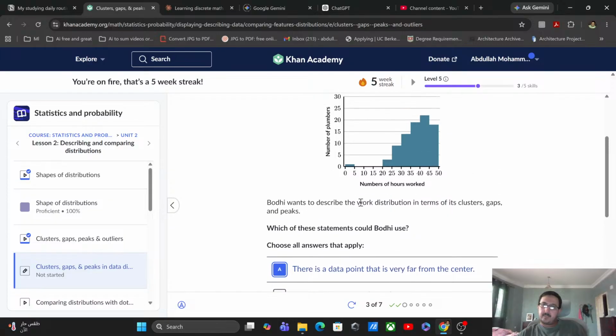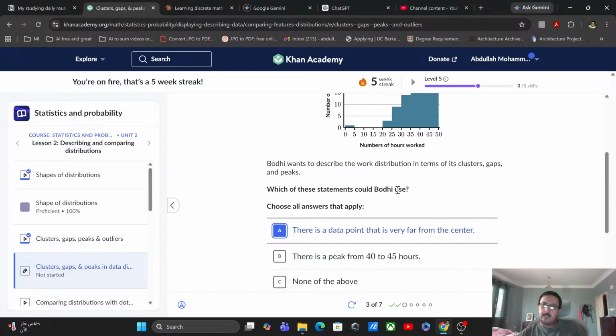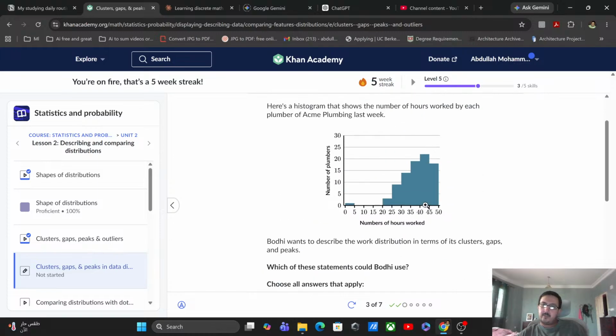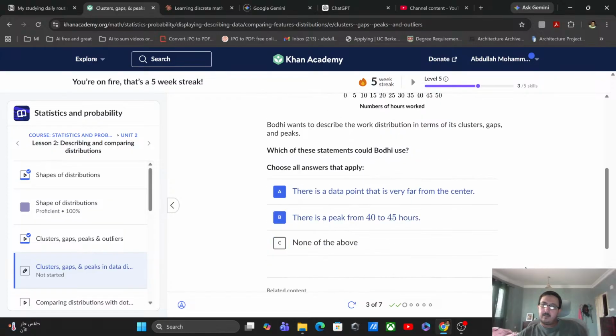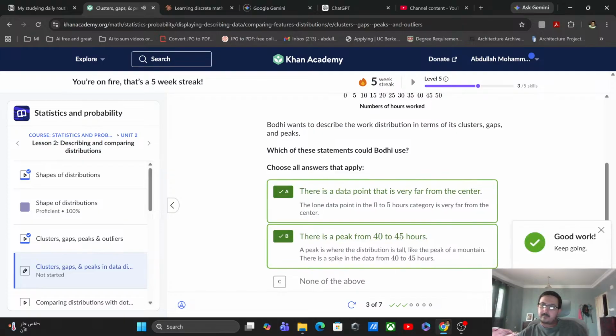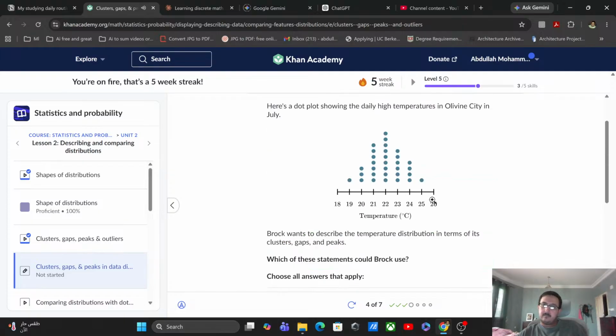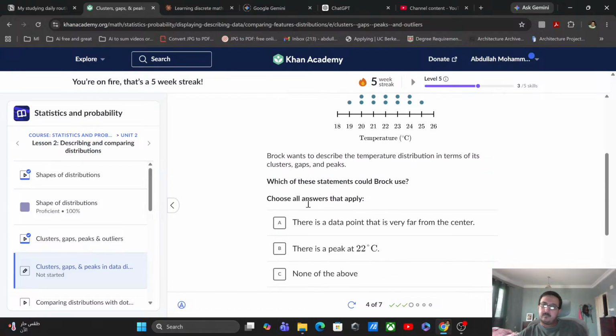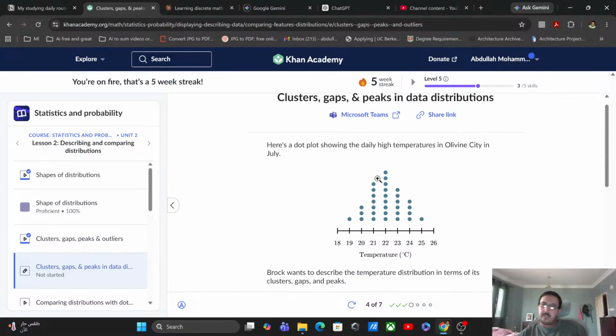It's an outlier. There's a peak from 40 to 45. There is a peak. There is a data point that, no. There is a peak at 22. I would say yes.